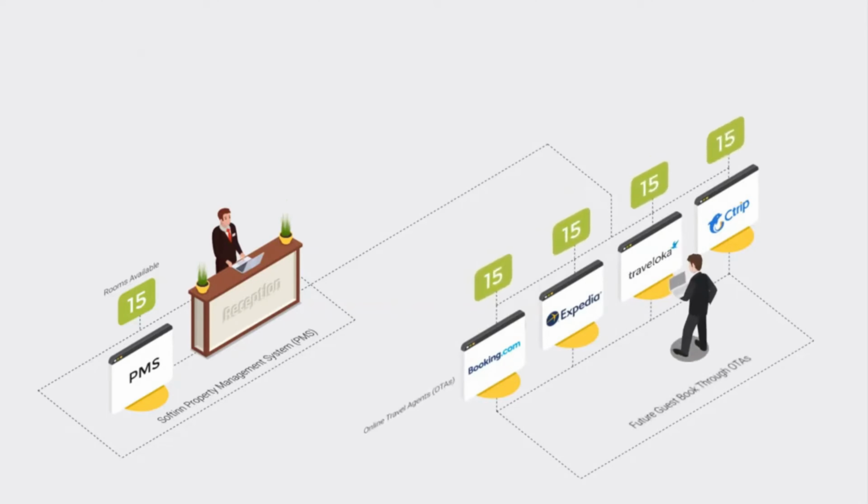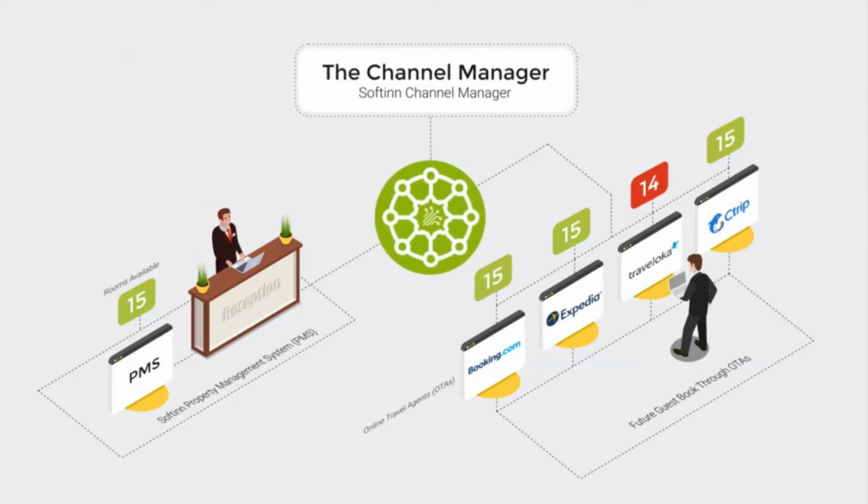Basically, it updates the channel managers every time you make changes to the price. The channel manager will make sure the rooms available at your hotel are kept up to date on all the channels. So if you check in a walk-in guest, immediately the channel manager will get into action, telling all the OTAs, I have 1 room less for you to sell.